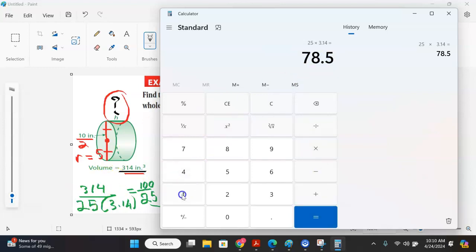Then you take 314 divided by 78.5, and again, the answer is still 4. Again, 314 divided by 25 times 3.14, and 25 times 3.14 is 78.5. Or you can take 314 divided by 25 first, and then divide by 3.14, and that still gives you 4.